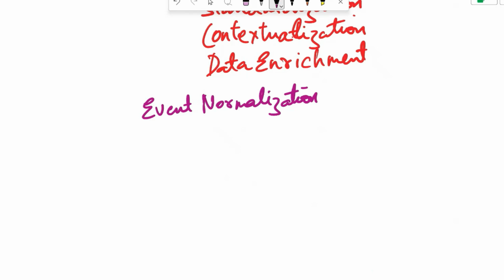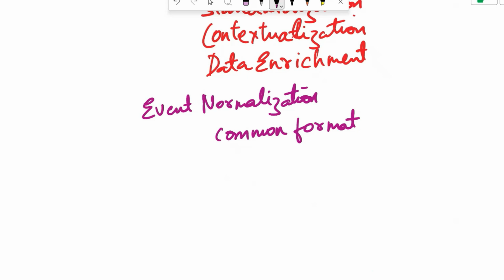Event normalization involves standardizing and categorizing event data from various sources into a common format. Since different systems generate logs in different ways, normalization ensures that similar events from diverse sources can be compared and correlated accurately.